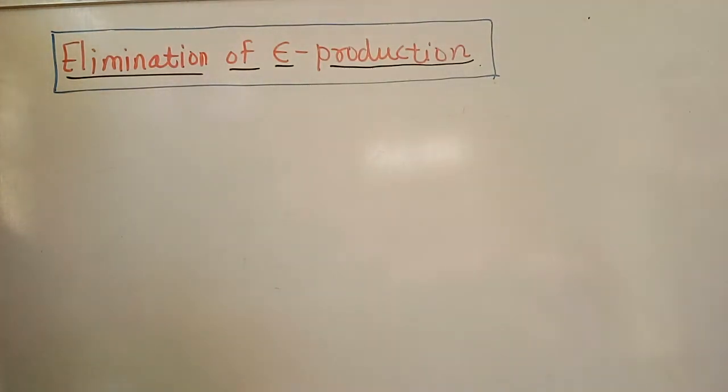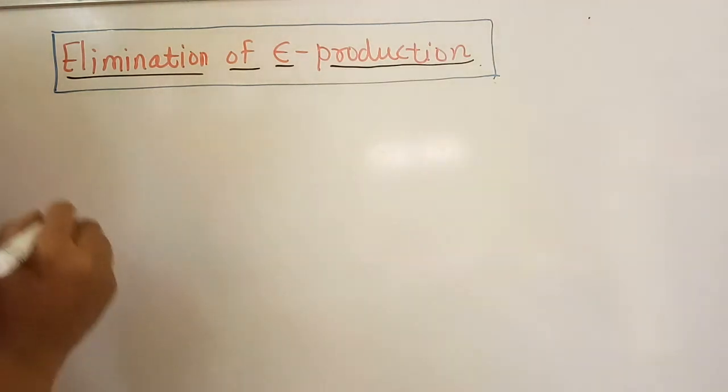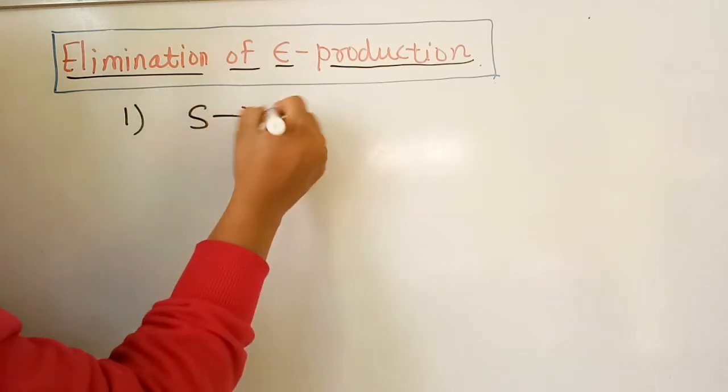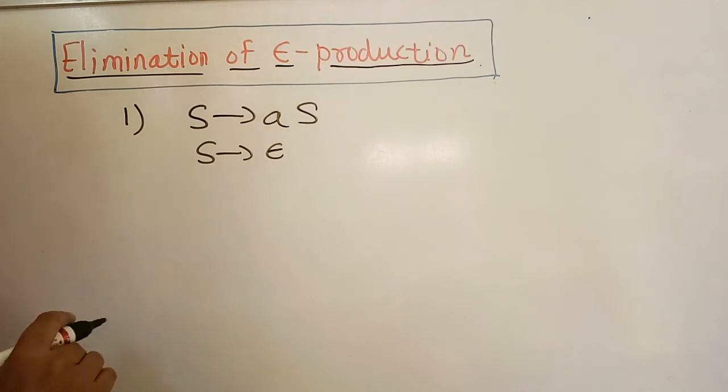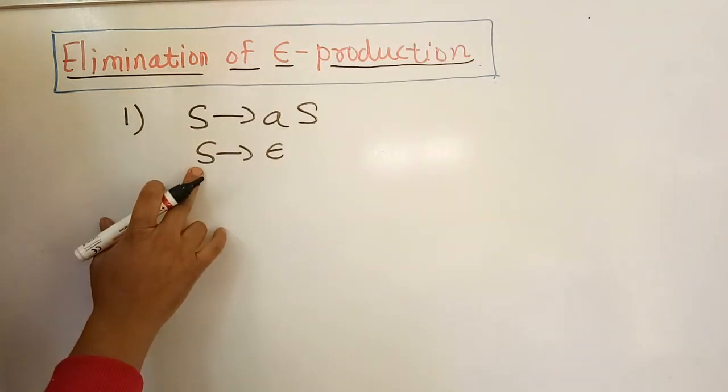Next step is the addition of productions with nullable variables removed. Means we have to remove them and then write the final grammar. Now we will take an example and find out how to remove epsilon productions from our grammar. First one is S gives AS or S gives epsilon. Which is the nullable symbol here?